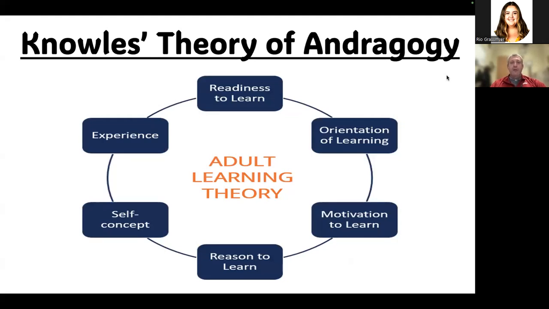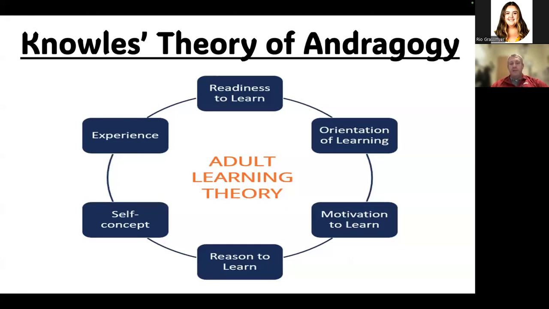So when we look at Knowles's theory of andragogy here, and this is something that most of us are familiar with, we just don't realize it. The readiness to learn, the orientation of learning, the motivation to learn, reason to learn, self-concept, and experience. I'm going to come over here to experience last because that's what we're talking about, right? They're our biggest assets, our students, so we want to make sure that we're using their experiences.